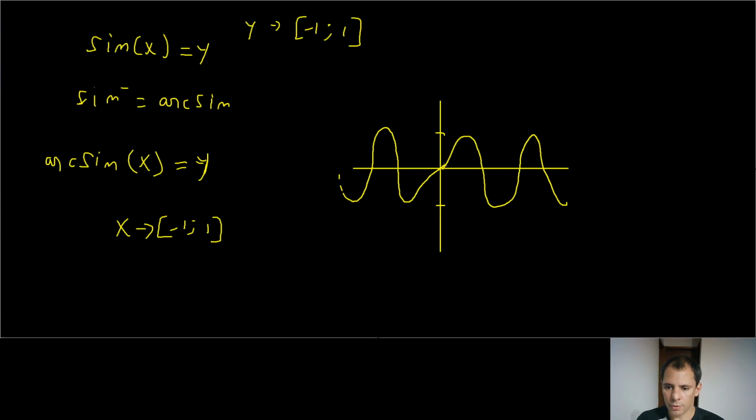So if you go from here all the way to here, then it does pass the horizontal line test, okay? So you gotta restrict the domain when you're talking about the arc sine, the arc cosine, and so on.